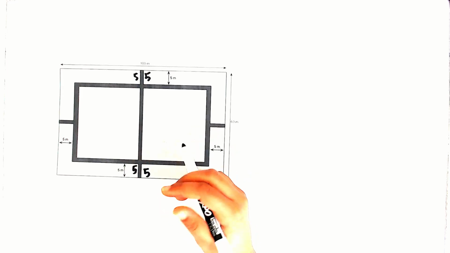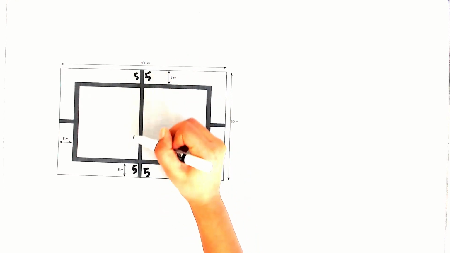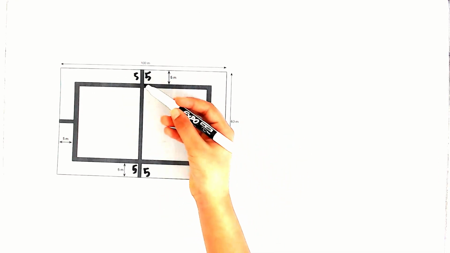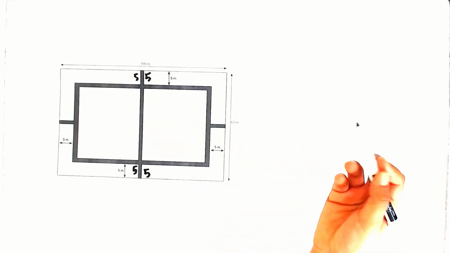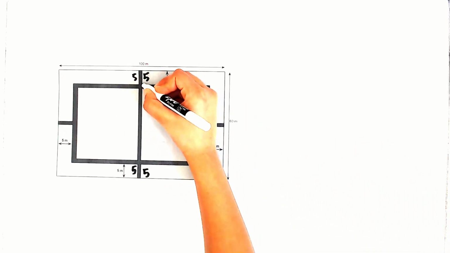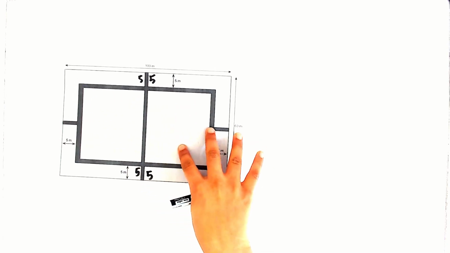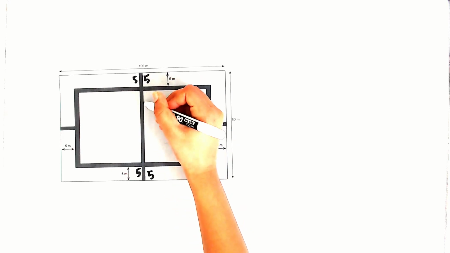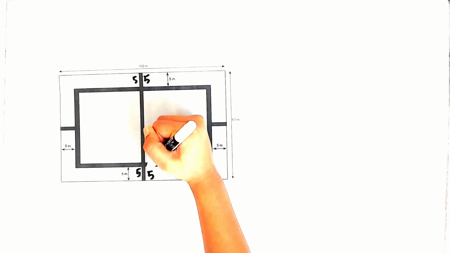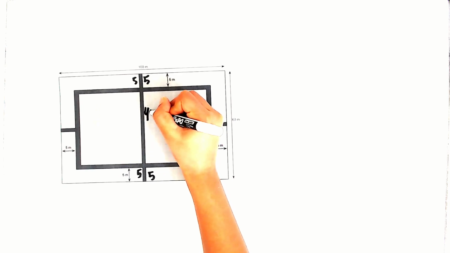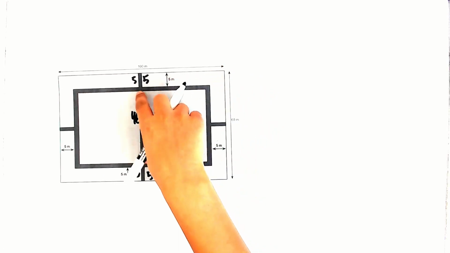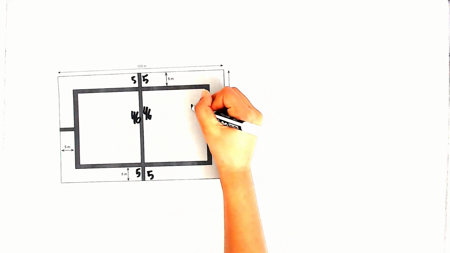Now we don't have to count this, we just have to find the middle. 60 minus 10 equals 50, and the width is 2 meters, so minus 2 meters is 48, and minus 2 meters is 46. So the path's length, the length of this, is 46. And this and that are the same size, so this is 46 too.